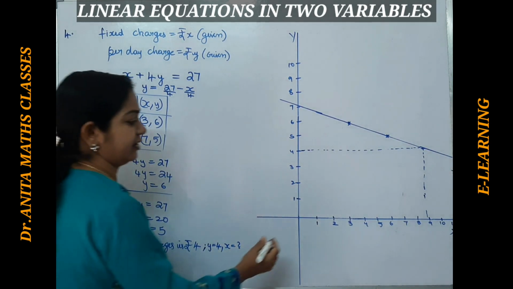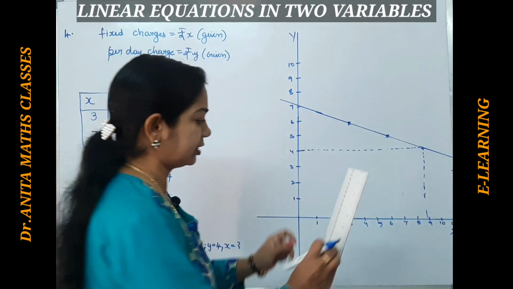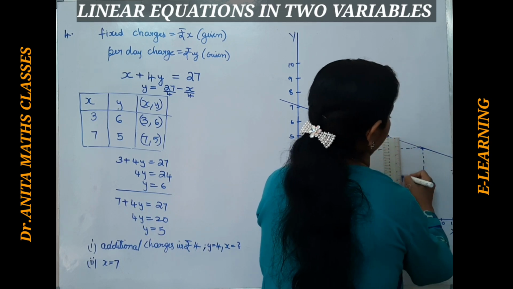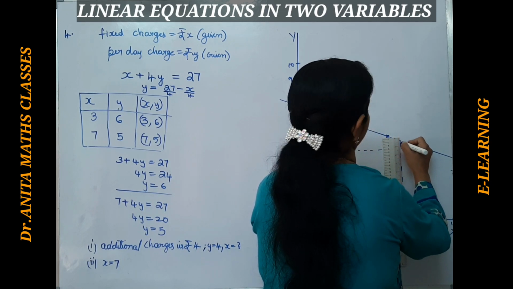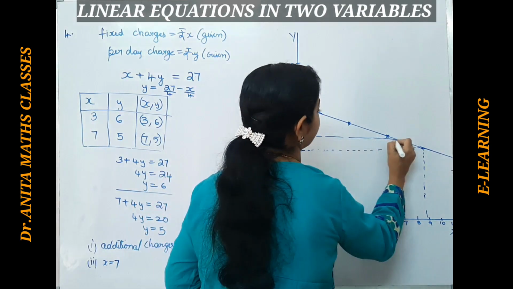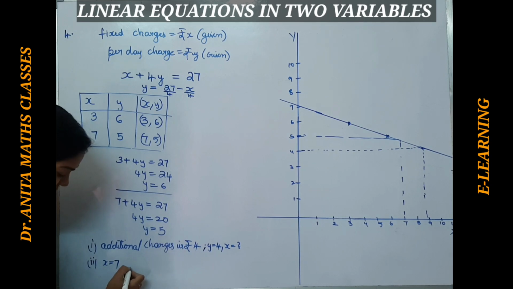When x is 7, from x you drop a line, draw a dotted line so that it touches the graph at some point. From that point you draw a line across, and that comes to 5. So when x is 7, from the graph we get the y value as 5.